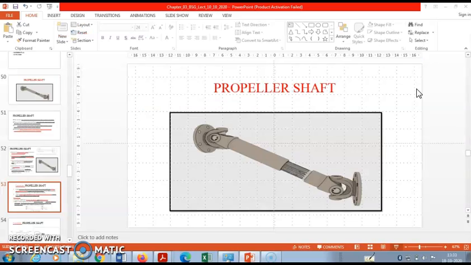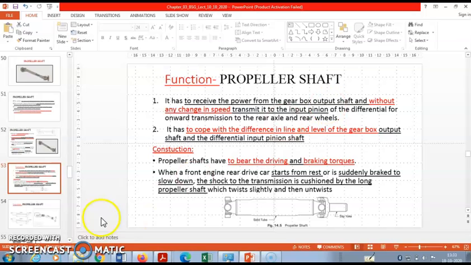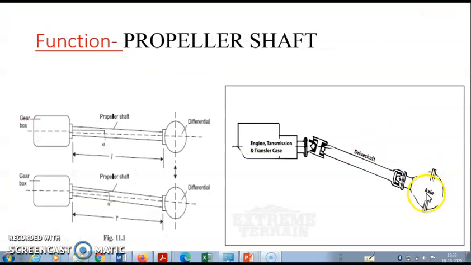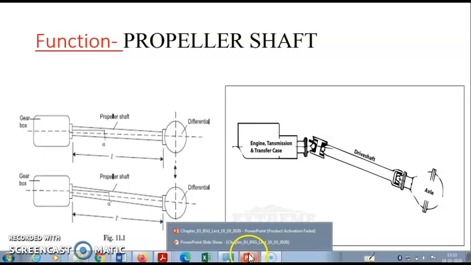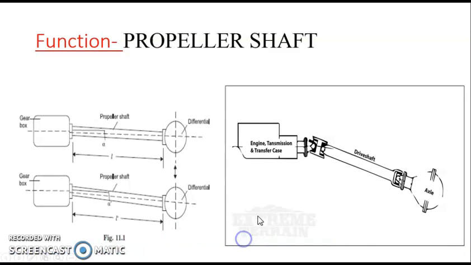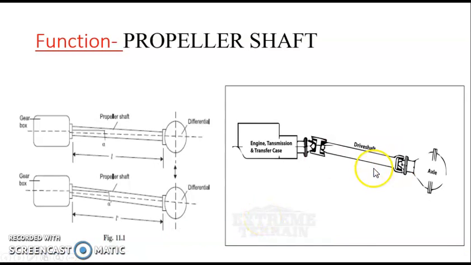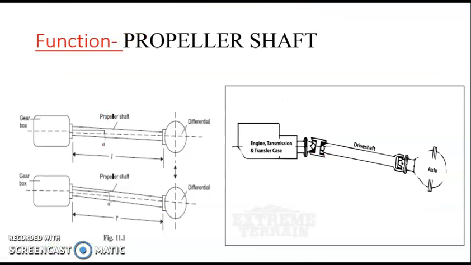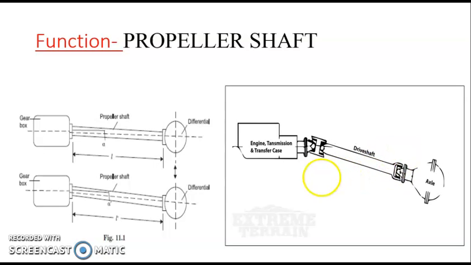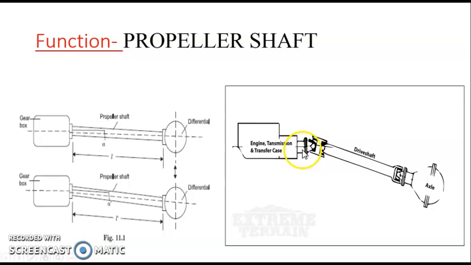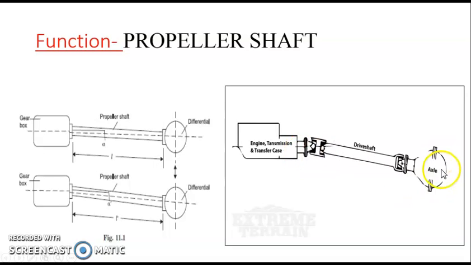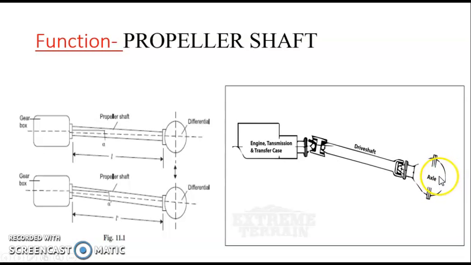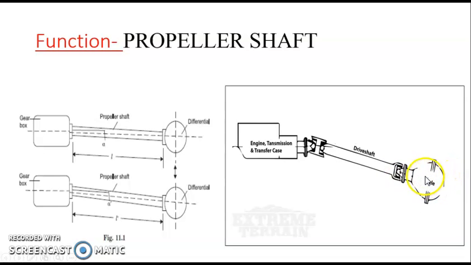Just we will see. You will observe that the propeller shaft transmits power from the gearbox to the differential or rear axle, and it should transmit the power without changing the speed.